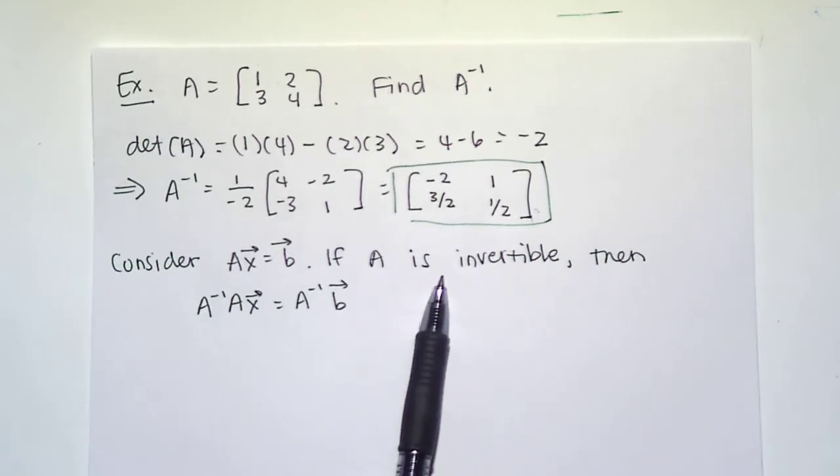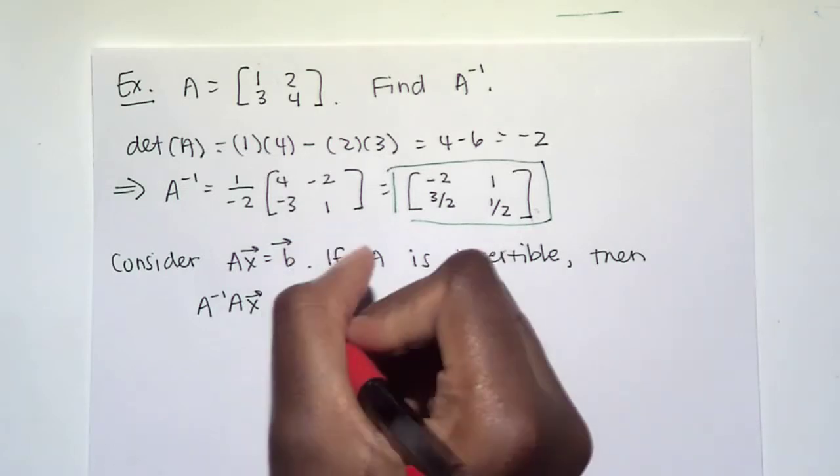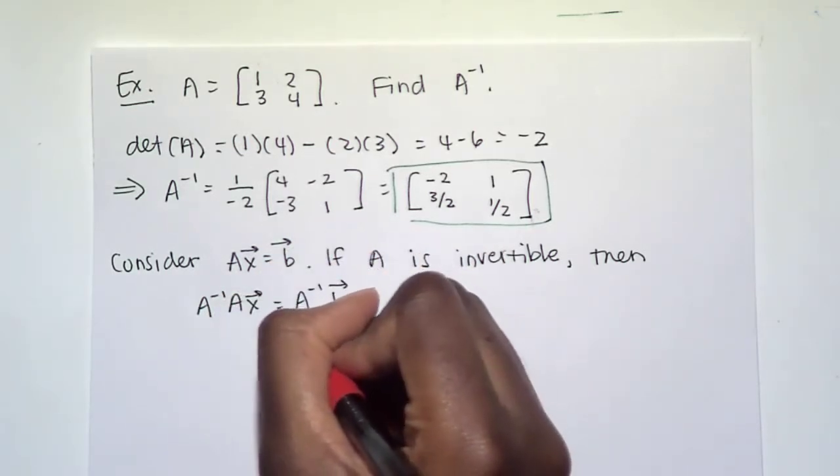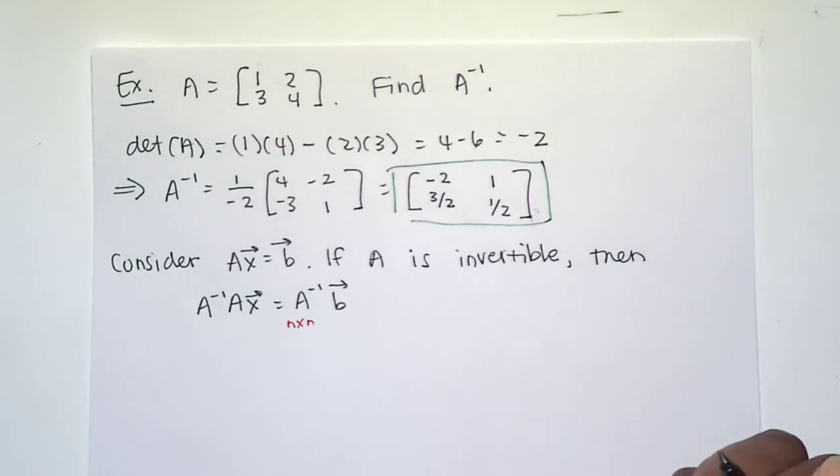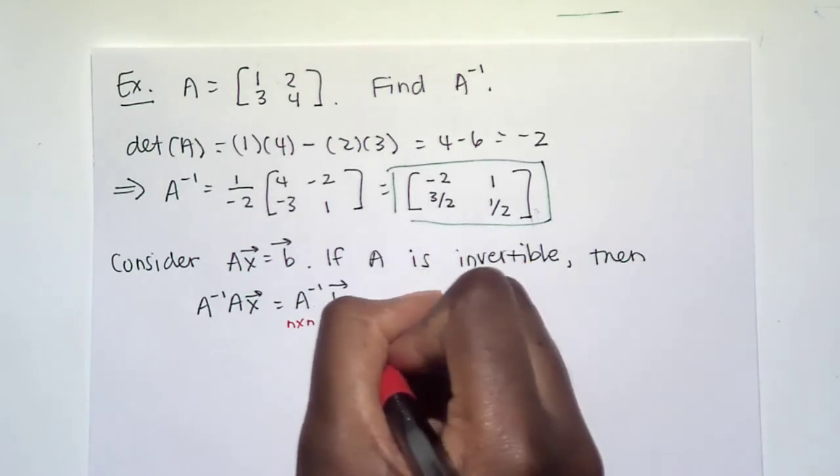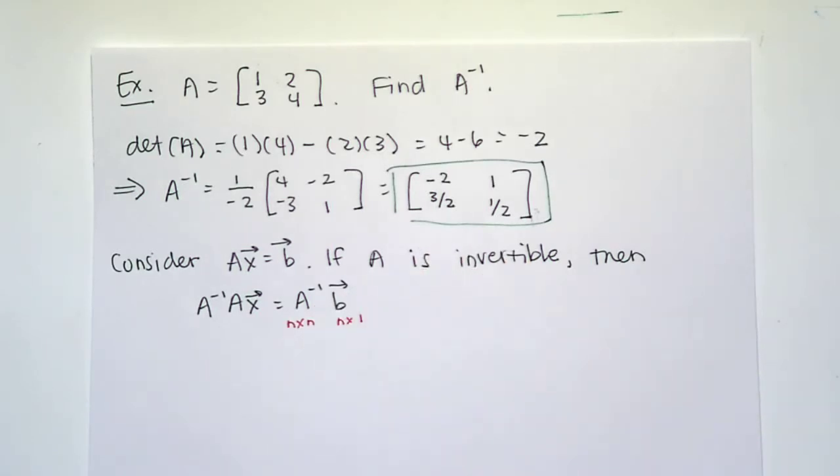All right. If A is invertible, that means it's a square matrix. So let's think about what we have here. A is n by n, so that means A inverse is n by n, and B is going to be n by 1. I always like to keep track of what my dimensions are, so that means this is going to be n by 1. So it's a column vector.